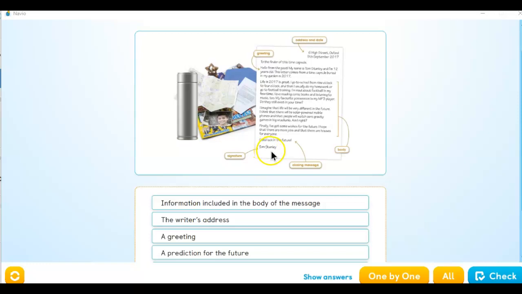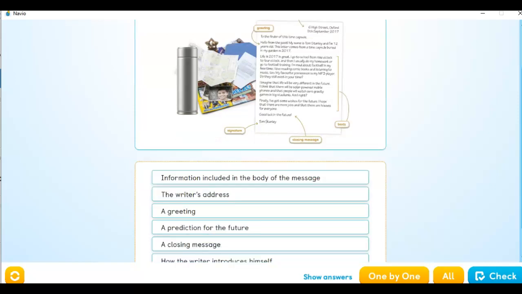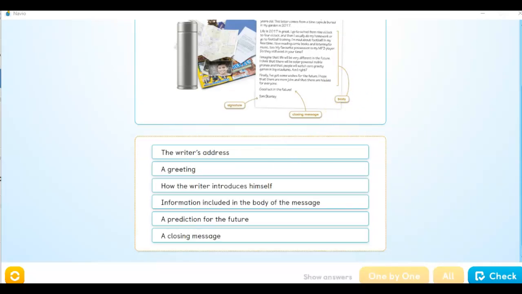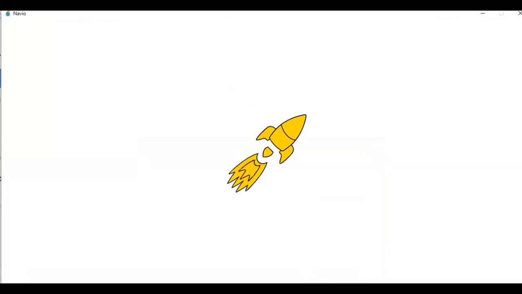So here you've got these topics and you have to decide which part of the letter they belong to. Write them down, please. These are the answers, okay? Those are the answers. Now copy these parts, please.